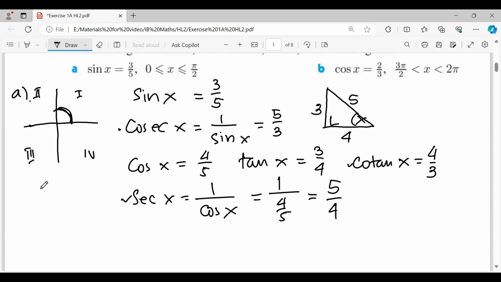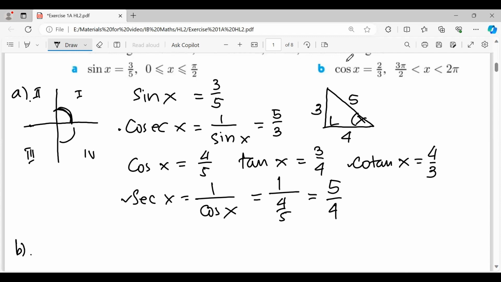Next, B. Cosine x is 2/3, and the interval is 3 pi half to 2 pi. It means on quadrant 4 here.